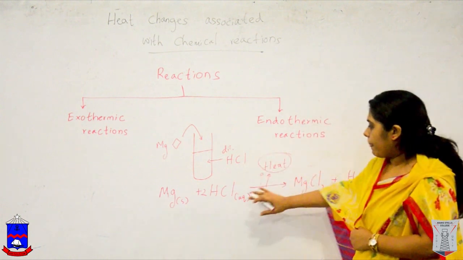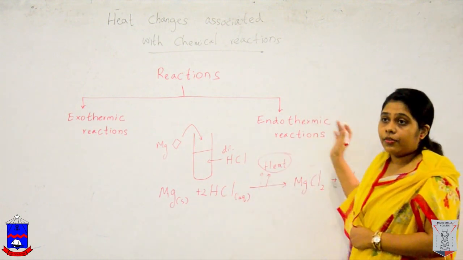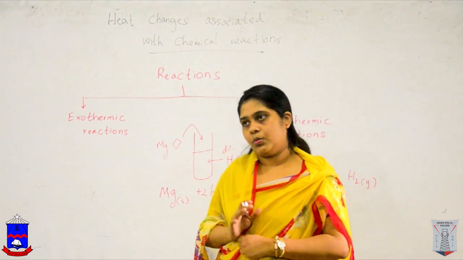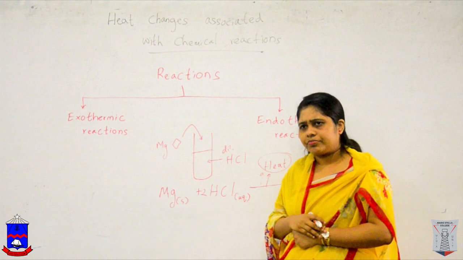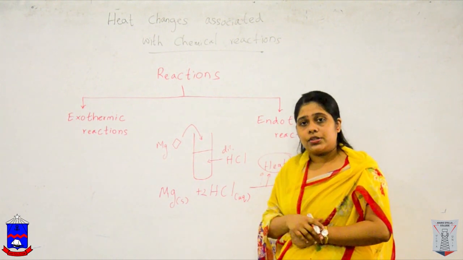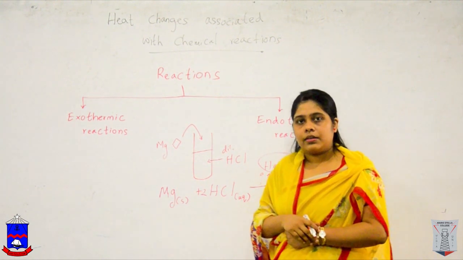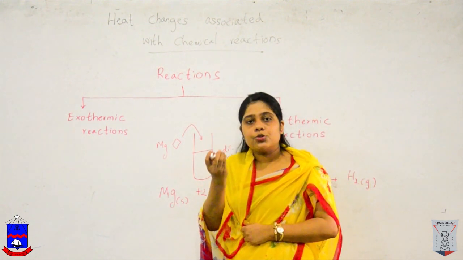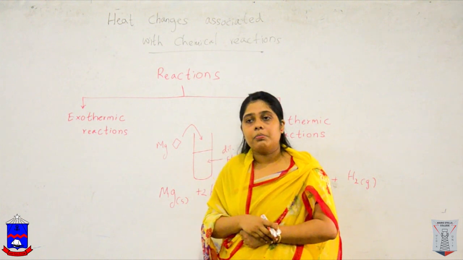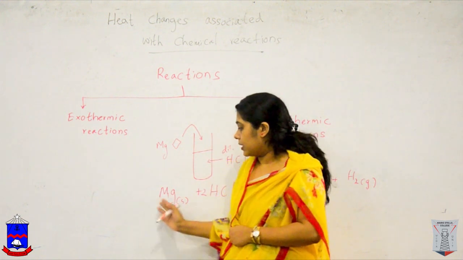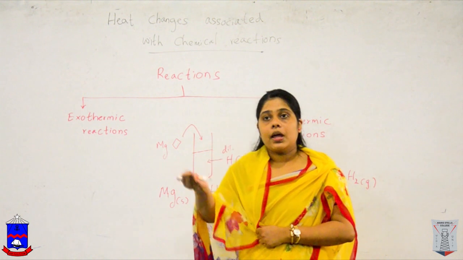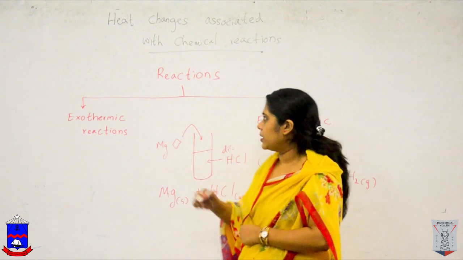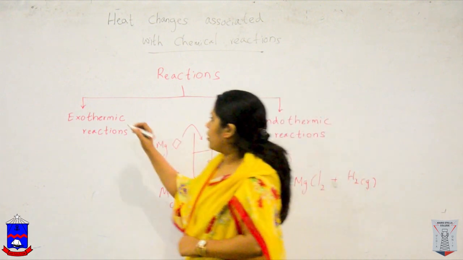So you have experienced this kind of thing when we do our practicals. At the same time, for some reactions, you know that heat must be absorbed by the reactants, these chemicals, in order for the reaction to occur. For example, you have heard about limestone.